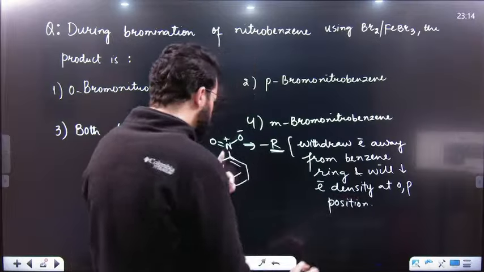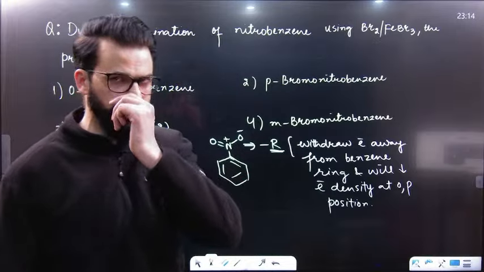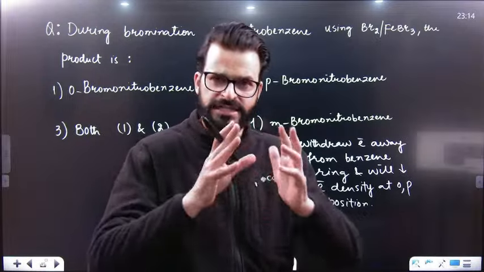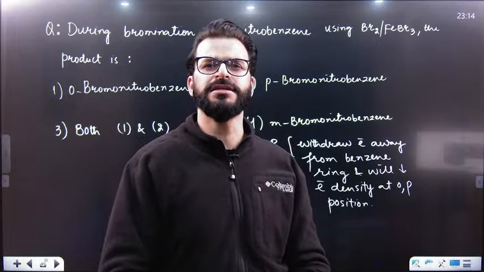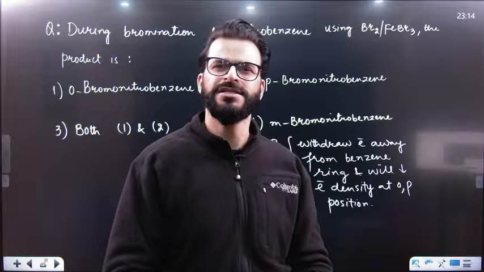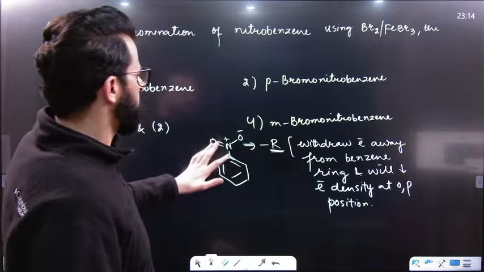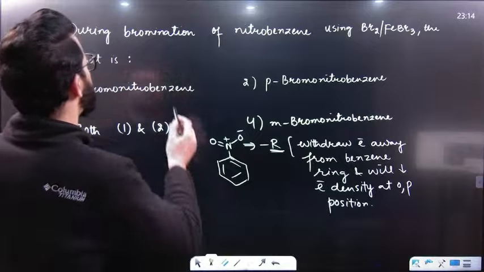When it decreases electron density, that means it's a deactivating group. So when the ring is deactivated, its electron density is decreased. That means electrophilic substitution generally does not take place.